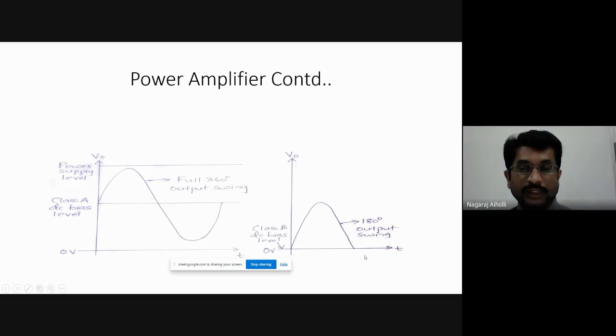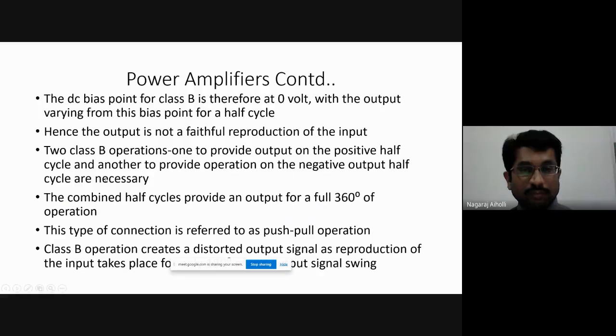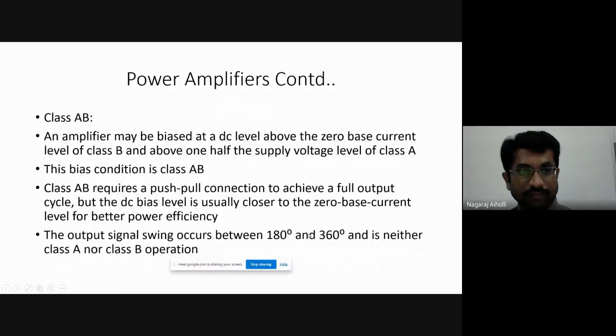Such amplifier connections are called push-pull amplifier circuits or push-pull operation, which provide a full 360 degrees of operation. That is class B operation. It creates a distorted output signal because it is not a faithful reproduction of the applied input signal.